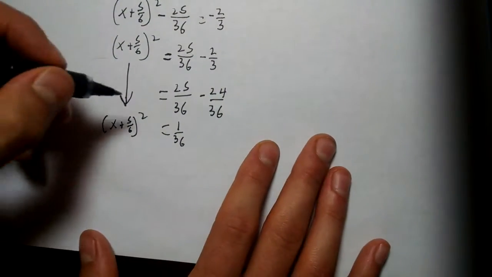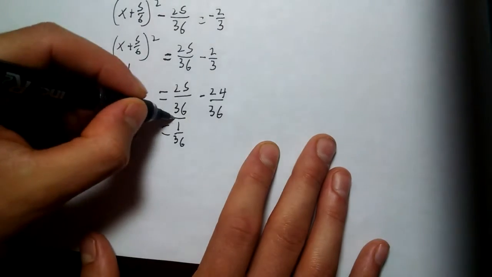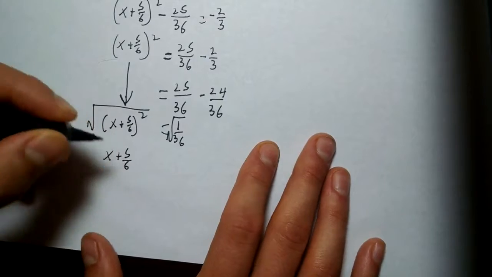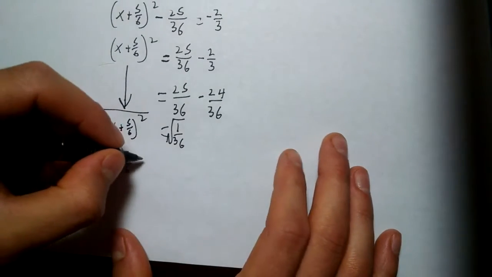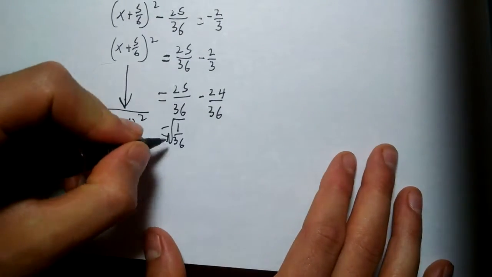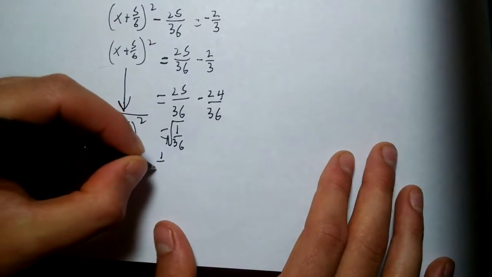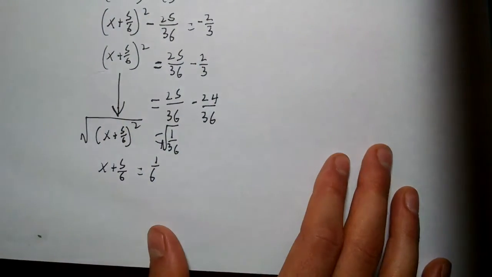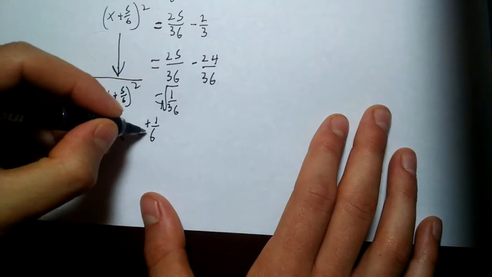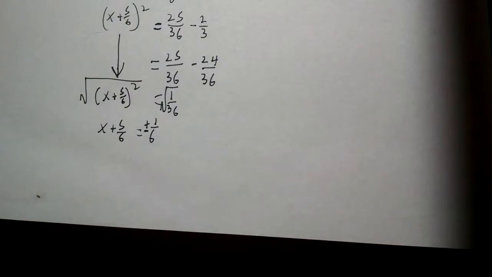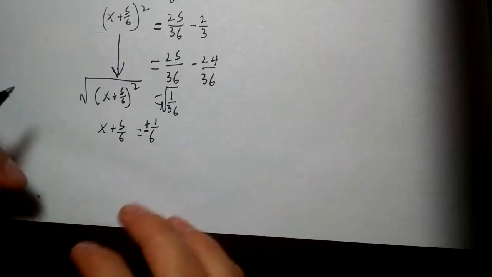So now at this point, the way you solve it is, of course, take the square root of both sides, which gives us x plus 5/6 is equal to the square root of 1 over 36. This actually comes out not too bad, 1 over 6, right? Plus or minus, of course, because we've taken the square root. Either you could square a positive 1/6 or a negative 1/6 and still get to 1 over 36.